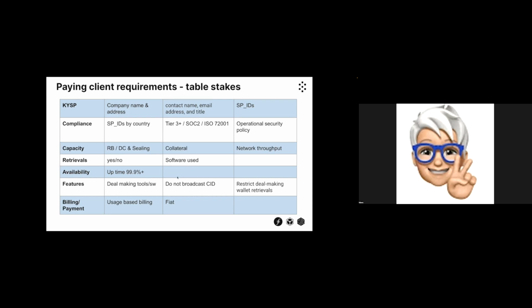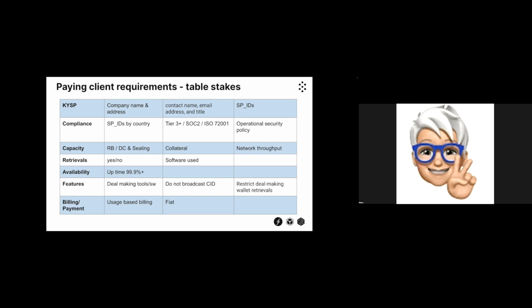And some of these questions, just to be clear, are not specific questions that a client is asking, because the client wouldn't know to ask about what software is being used or collateral. These are the questions that clients are asking us when they come in, when leads come in through our dStore portal.